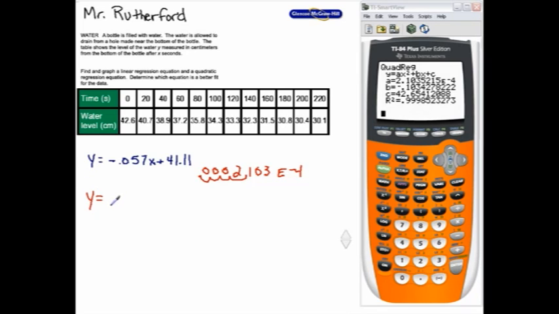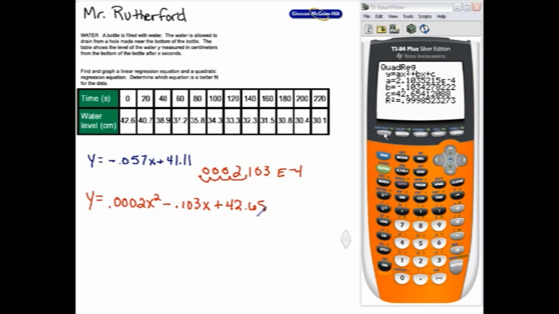So we can take this and say that it's 0.0002 x squared, and then our b, we have negative 0.103, so I'll put minus 0.103 x, and then our c is 42.65, so I'll say plus 42.65. So that'll be our quadratic regression equation.